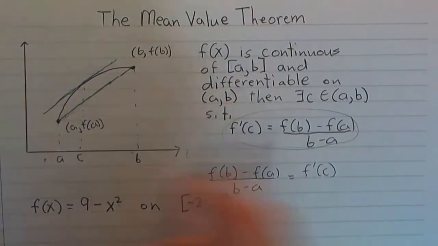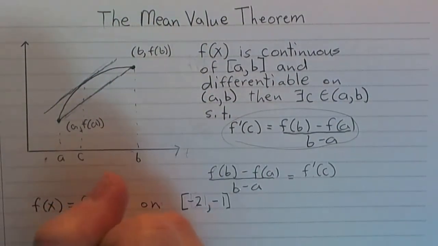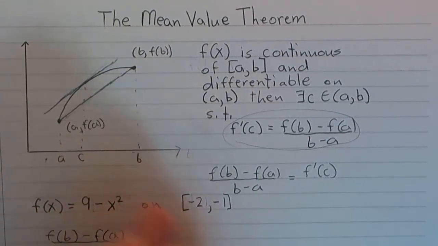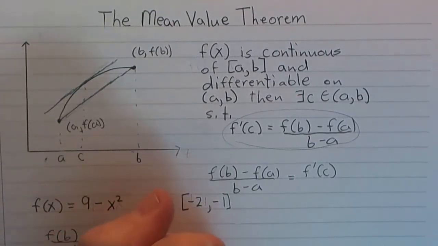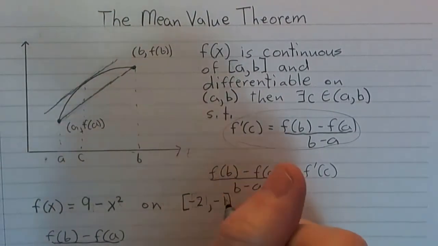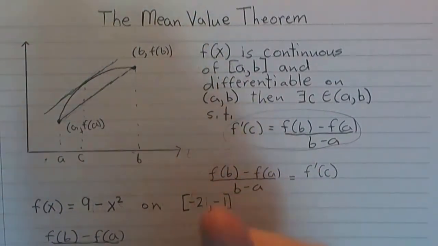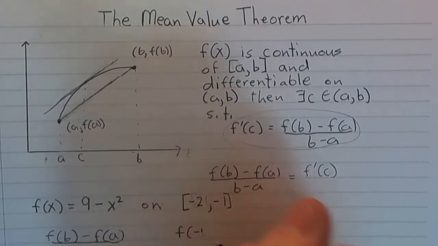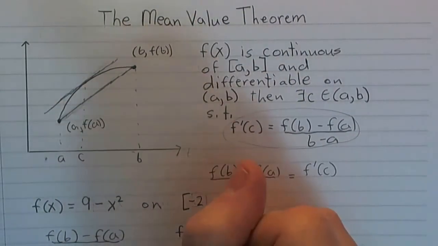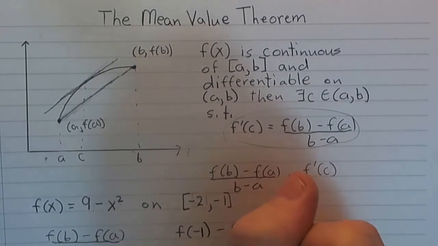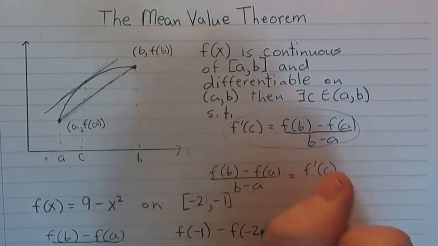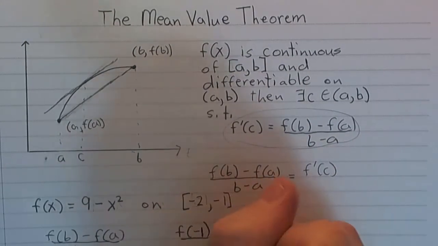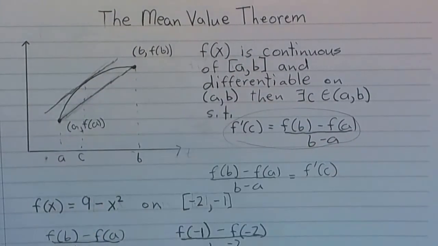So first of all, I'm going to compute f of b minus f of a over b minus a. That's what I want to compute first of all. Now here's my a and here's my b. So let's see here. F of b, there's f of -1, minus f of a, f of -2, over -1 minus a, -2.